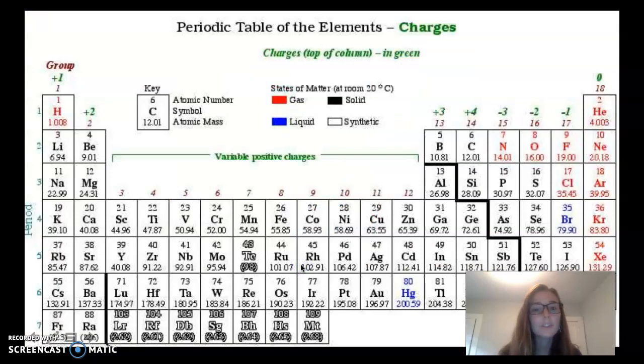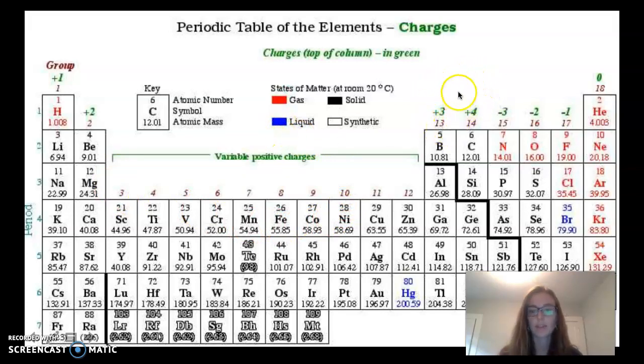Well, how would we even know what the charges are? We can look at the periodic table of elements. So sketch a little periodic table in your notes, or grab one out that you have. Notice that group 1 always has a +1 charge. Everything in this group has a +1 charge. Everything in this group has a +2 charge. Our transition metals change charges, so don't worry about those right now.